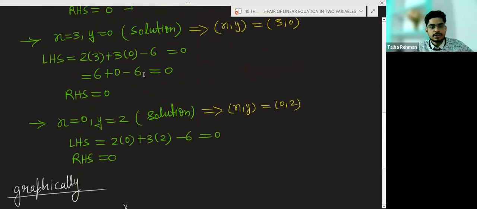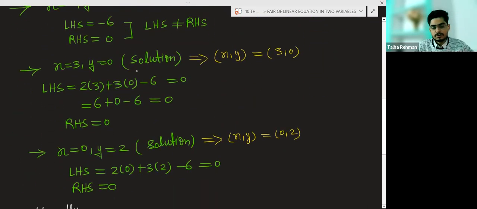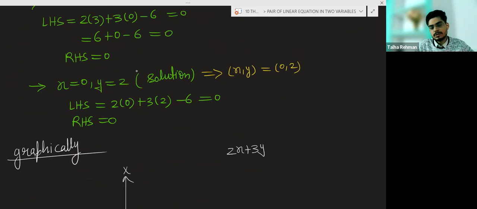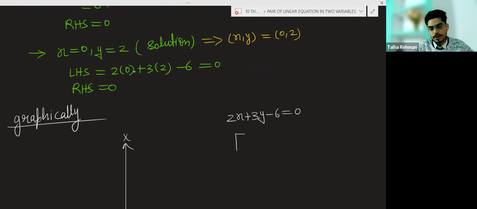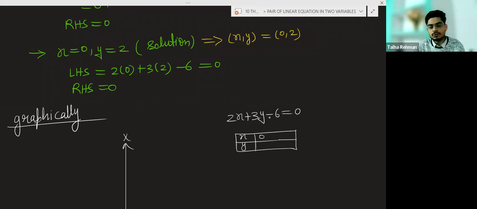And what is the equation? 2x plus 3y minus 6 is equal to 0. So we want 2 points, x comma y. Put x equal to 0, so it becomes 3y minus 6, so y will become 2.